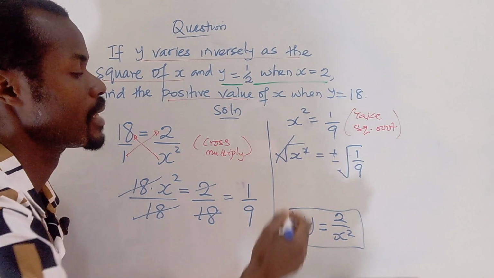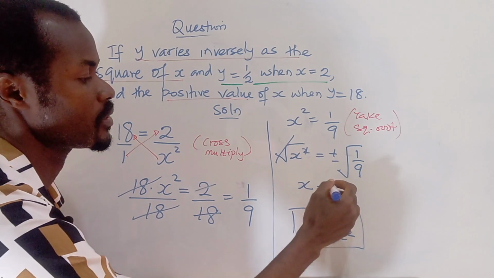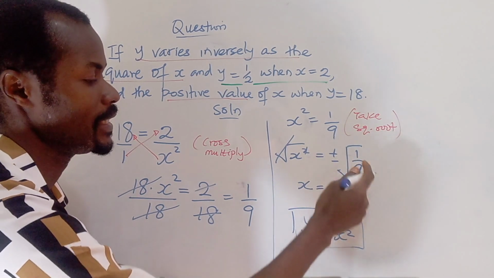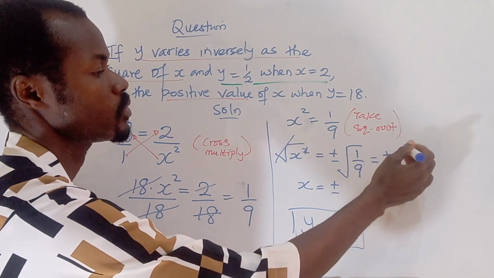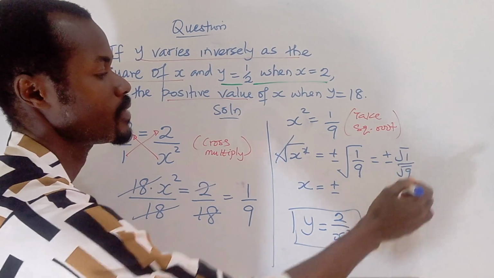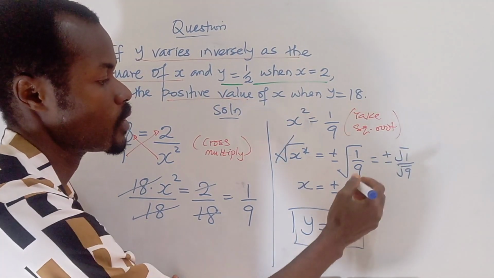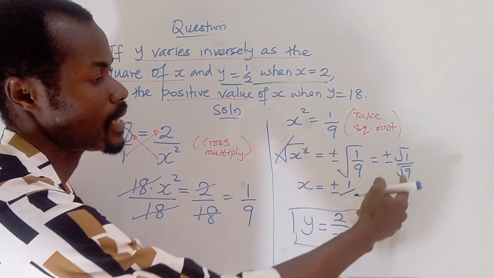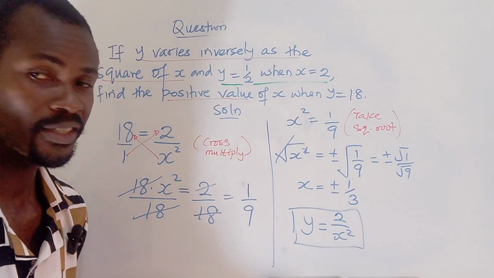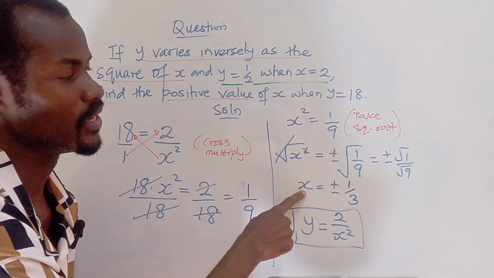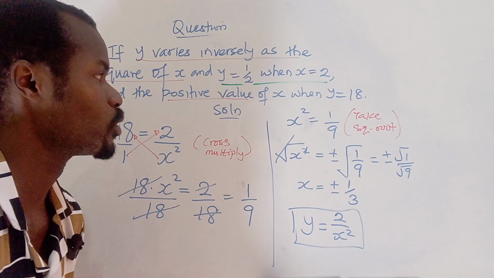So this will cancel out this, so we are left with x, which is equals to plus or minus square root of 1 divided by square root of 9. So the square root of 1 is 1, and the square root of 9 is 3. So the value for x is either positive 1 over 3 or negative 1 over 3.